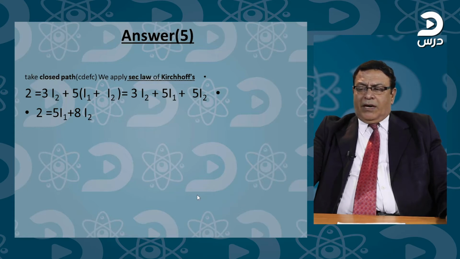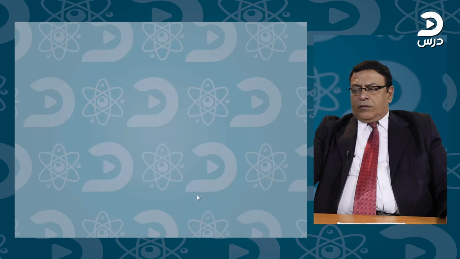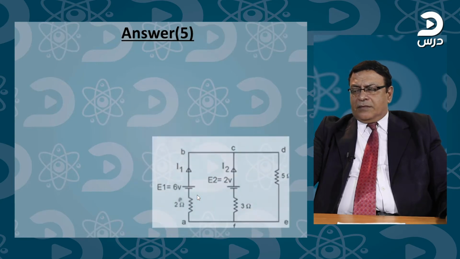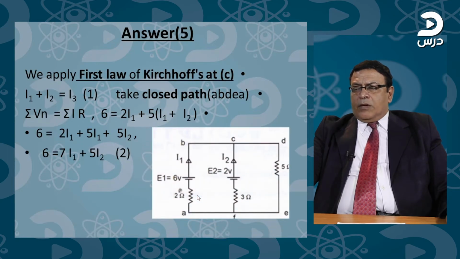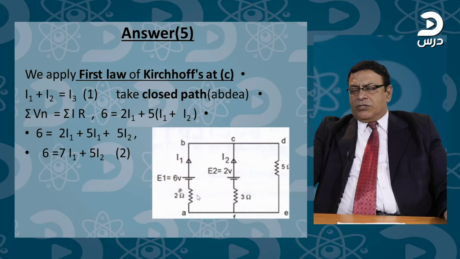So 2 equal 5I1 plus 8I2. But we apply first law of Kirchhoff at point C. At point C, summation of current equals 0. So I1 plus I2 equal I3 with the question number 1.